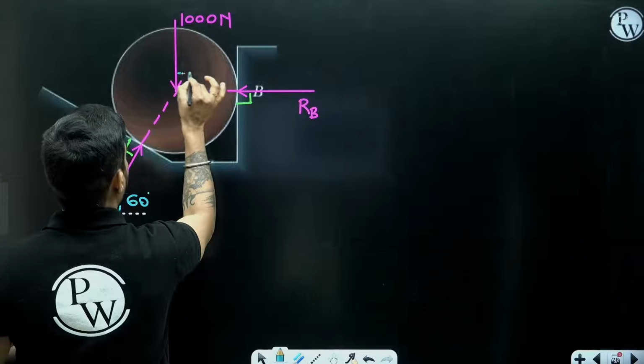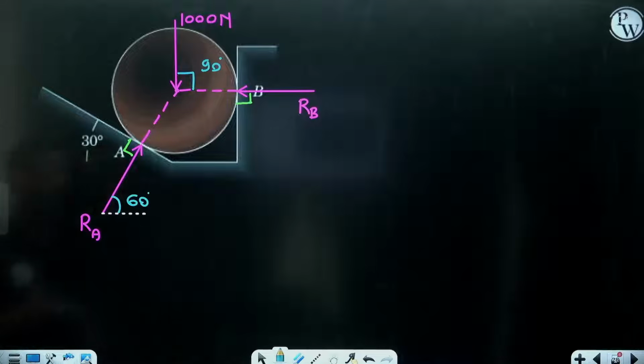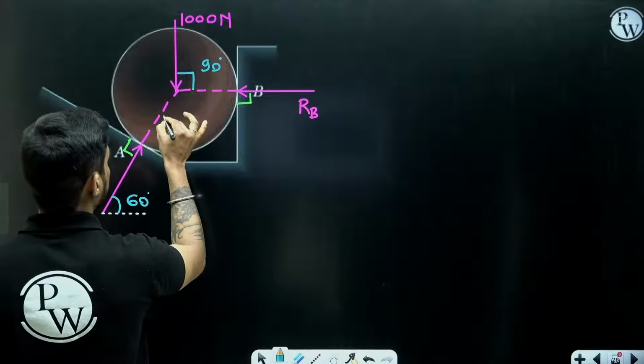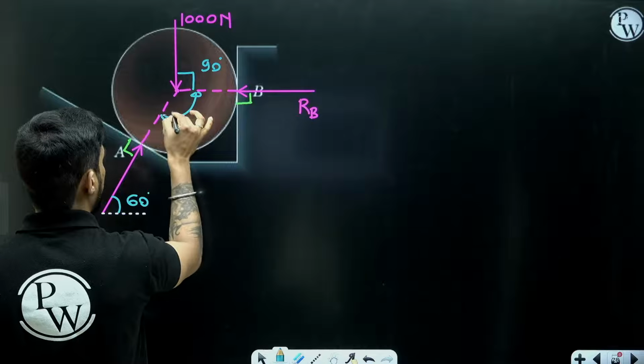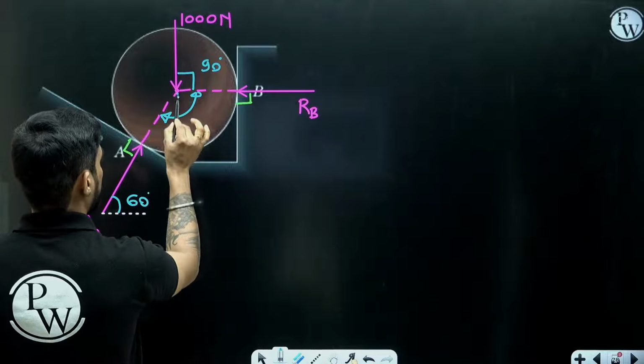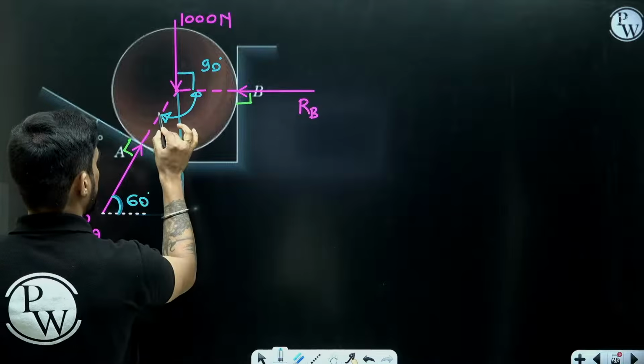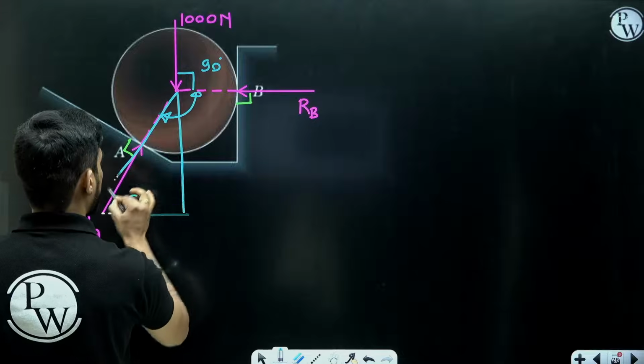What will be this angle, beta? It will be 90 degrees. What will be this angle? This is 90, this is 60, so this is 30.